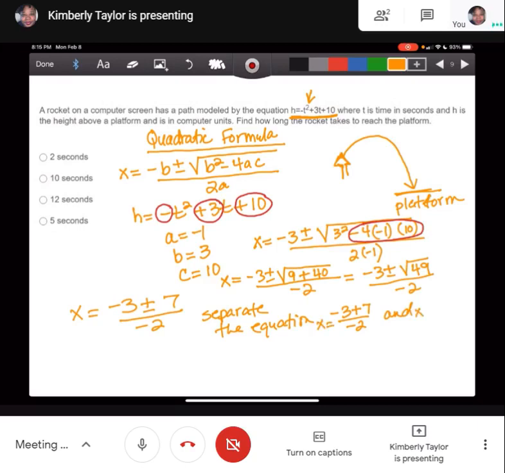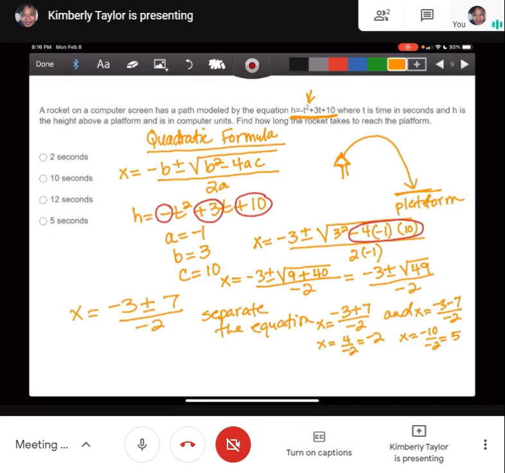And then x equals negative 3 minus 7 over negative 2. The first one is going to get me x equals 4 over negative 2, which is negative 2. And then the other one is going to be x equals negative 10 over negative 2, which is 5.